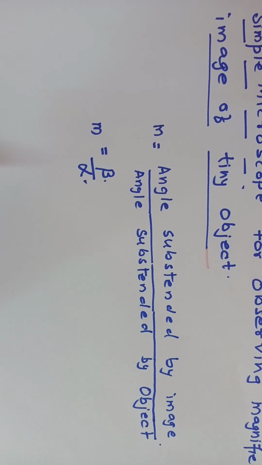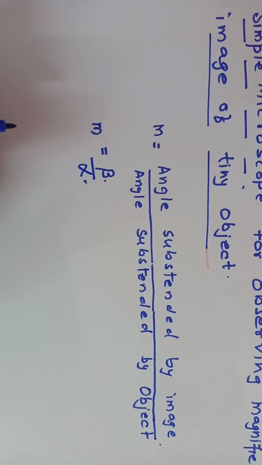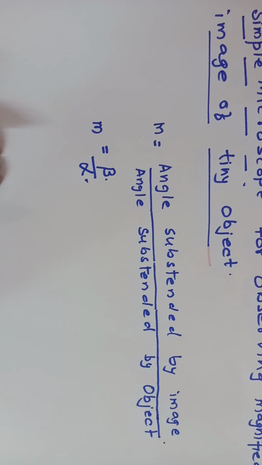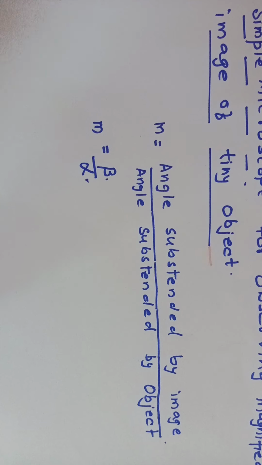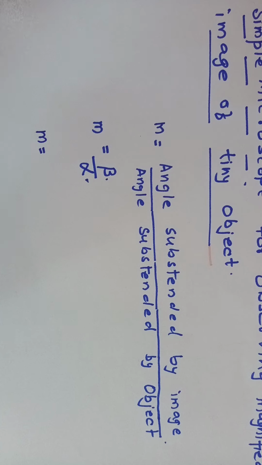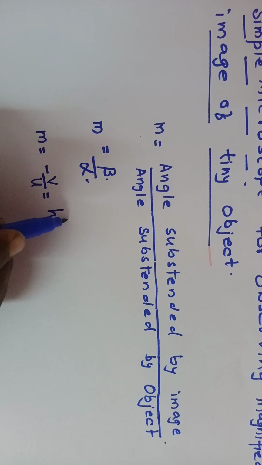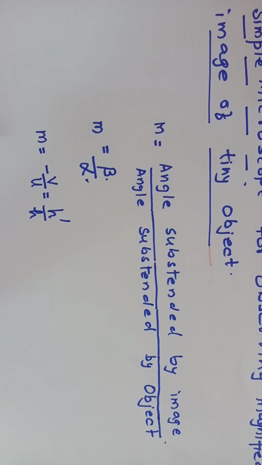The same formula for the magnification, m equal to beta by alpha, we will use for the microscope as well as for the telescope. Apart from that, what does magnification mean? In the mirror case, magnification is given by minus v by u, or it is h dash by h. This is also the magnification power.